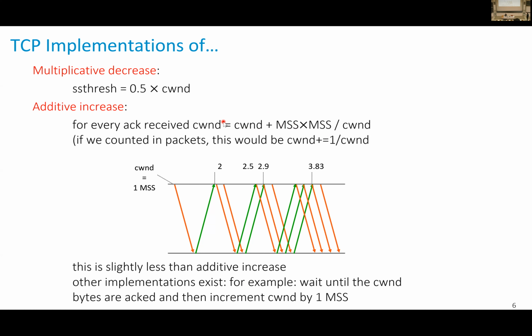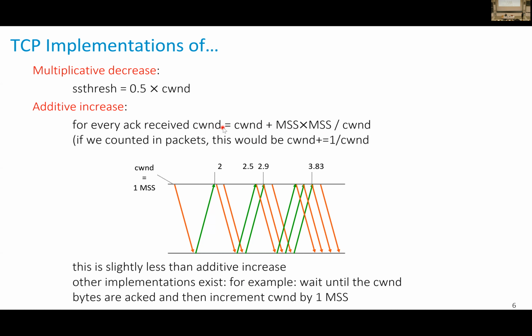If I translate this formula into packets, assuming packets of size MSS, which we can do as a thought exercise, of course TCP is free to have packets that are larger or smaller. I change the units, so I need to divide the value of cwnd by MSS, then that will give this.